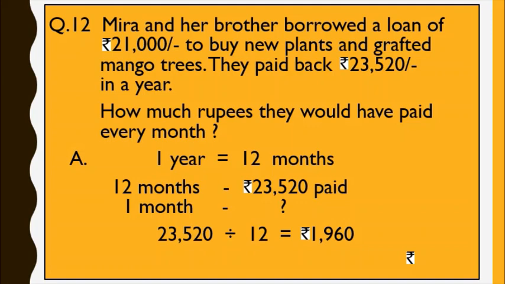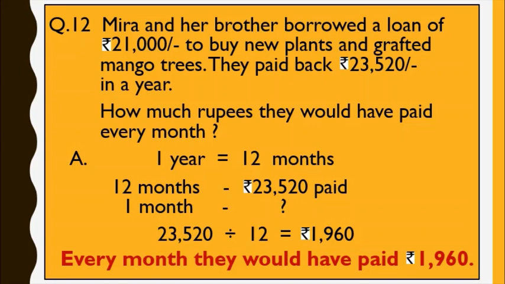So I am cross multiplying 23,520 and 1. So I will get same amount, that is 23,520 rupees. Now I will divide this amount by 12. So I get rupees 1,960. So every month Meera and her brother would have paid rupees 1,960 to the bank.